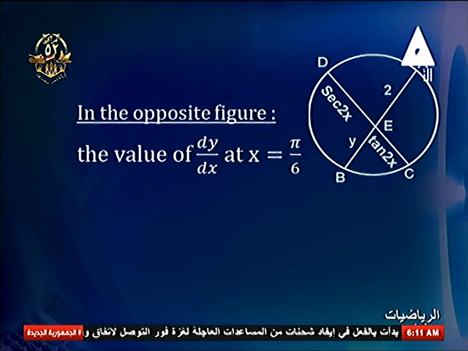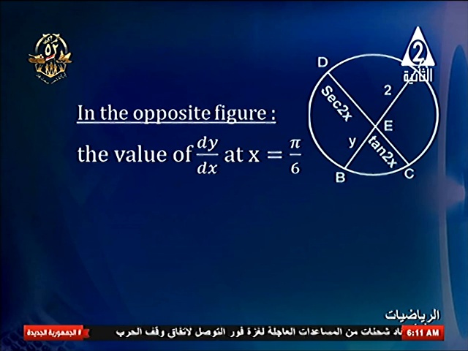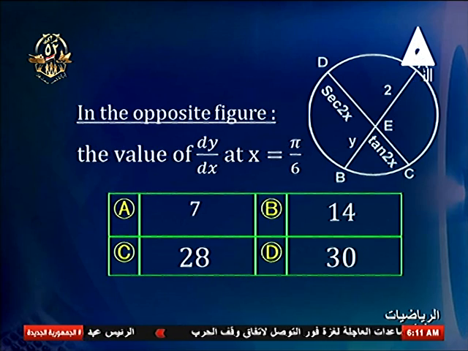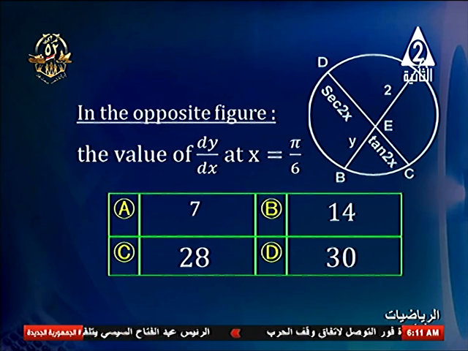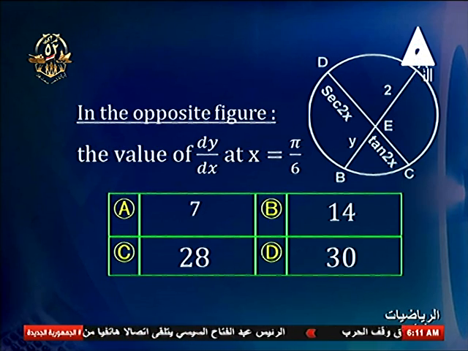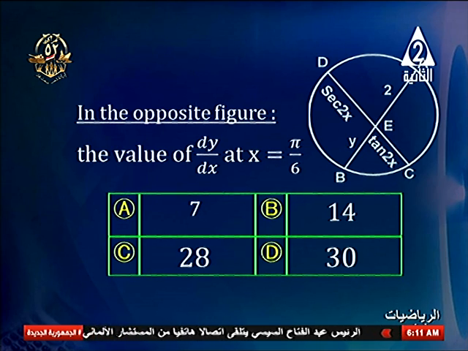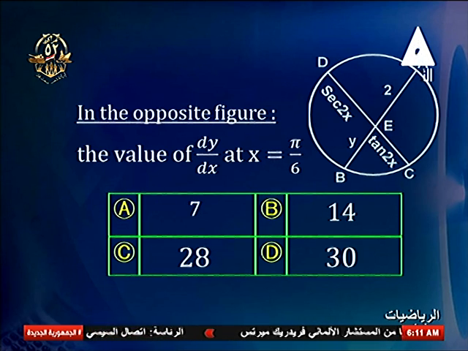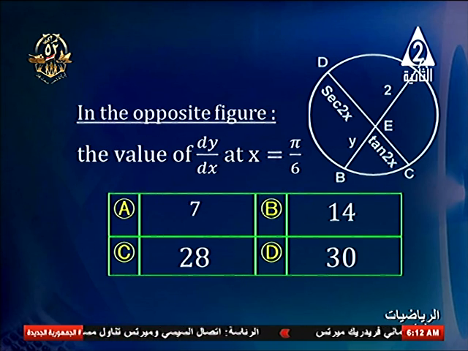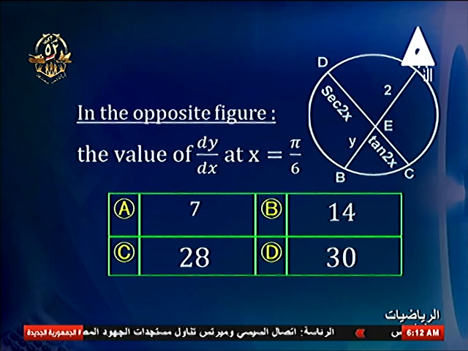What is the value of dy over dx at x equals pi over 6? We must find the relation between y and x. Before we solve this example, is dy over dx 7, 14, 28, or 30?